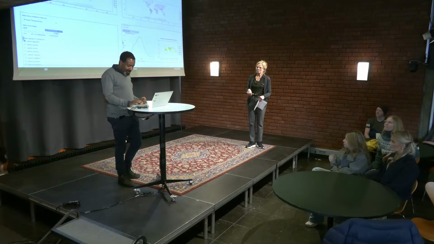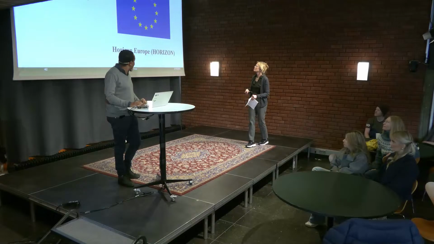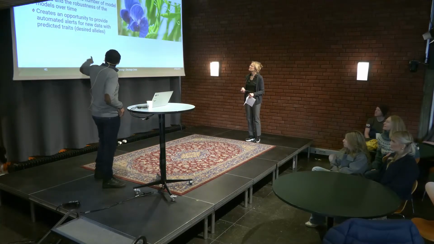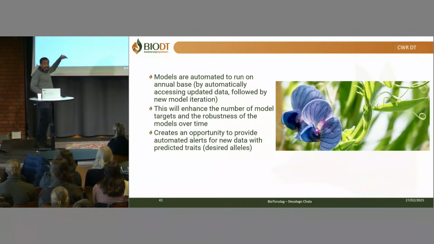And if you see my last slide, that's also what I was talking about. With time, since this is automatically fetching data and calibrating the models again, the robustness will increase. The more data we have, the more realistic what we are predicting will be. So yes, yeah.